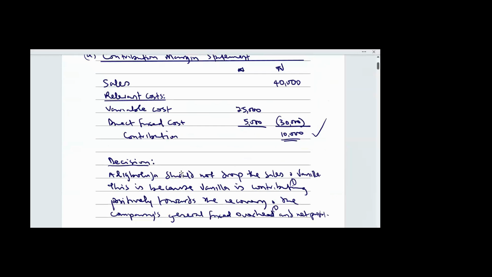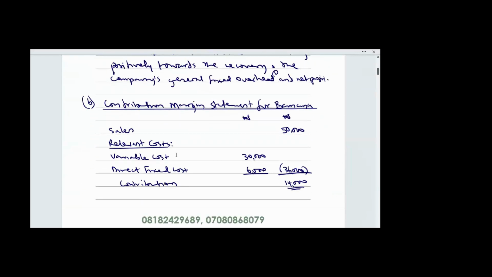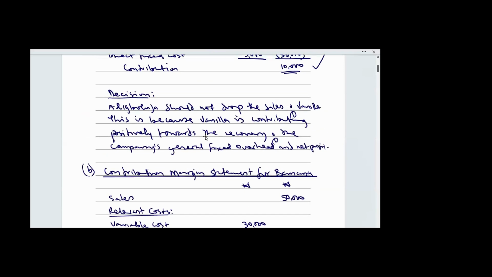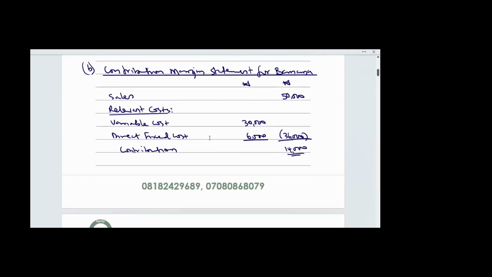So you compare, if you switch resources of producing vanilla to producing banana, the total contribution will increase to 14,000. So since the company will earn more contribution under banana, it's better they switch the resources. At least the company will achieve additional 4,000 naira profits. Okay?